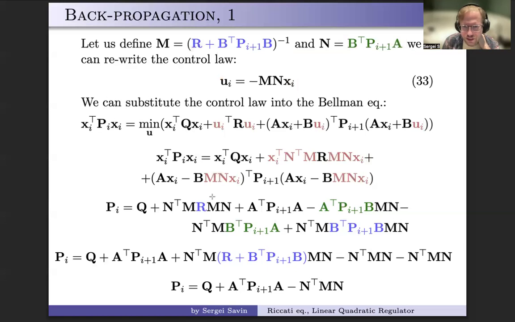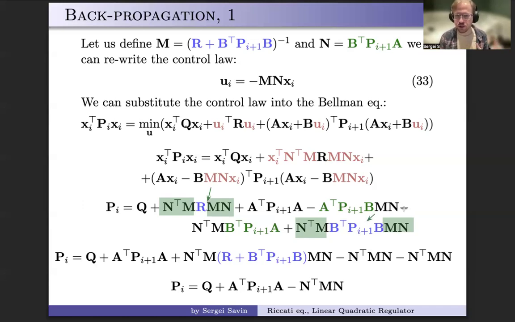Basically, what you observe here is that you have these guys, like n transpose m. These guys surround two expressions, this expression and this expression, right?